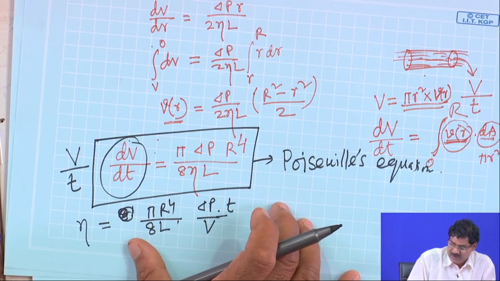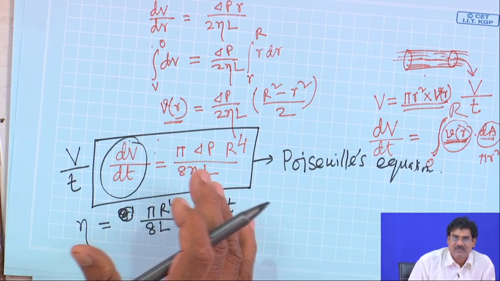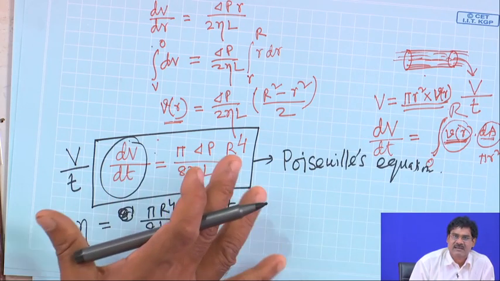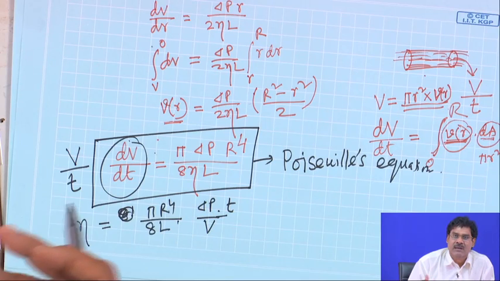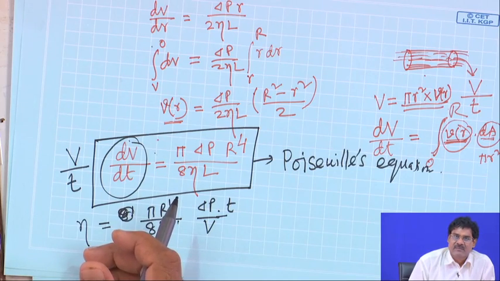So, what I want to say is, what is viscosity, what is coefficient of viscosity, the definition is there, but if you want to measure it, one can measure in different ways. One can design the experiment itself, and depending on the geometry, one has to find out the theory.